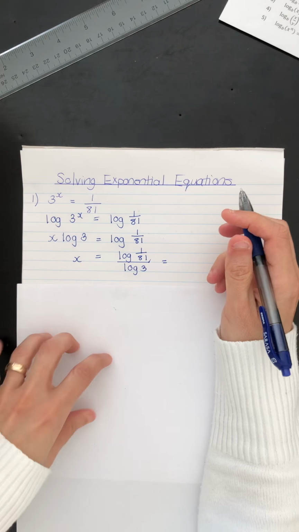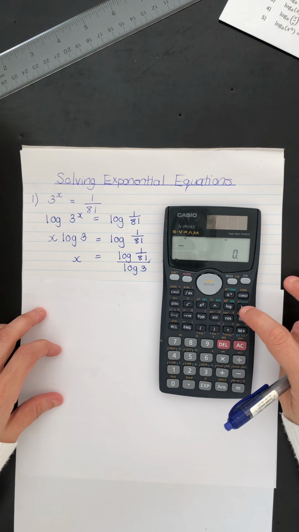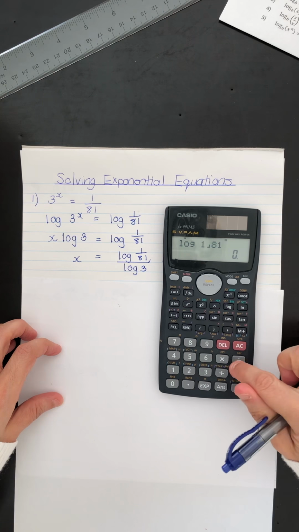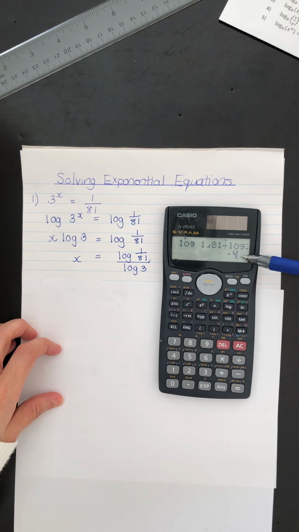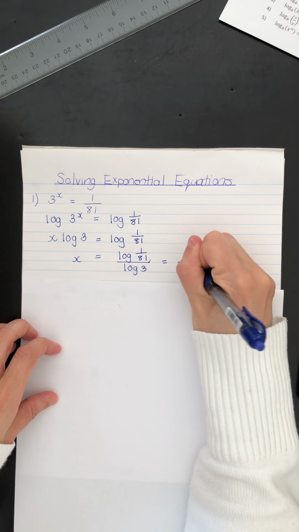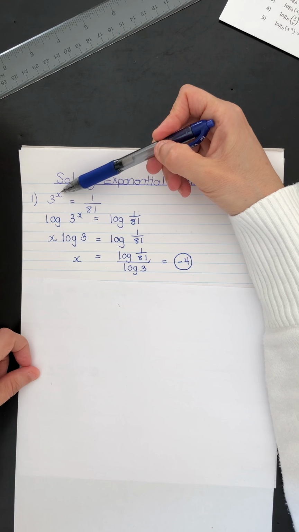Okay, and you can use your calculator to evaluate this. So the log of 1 over 81 divided by the log of 3. You can see the answer here is -4. This may be an answer you would have predicted.